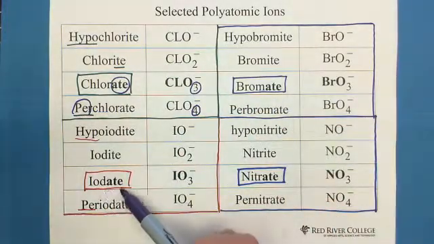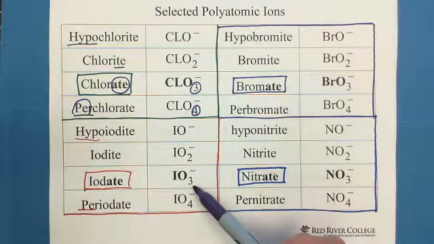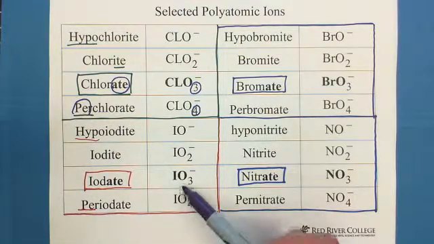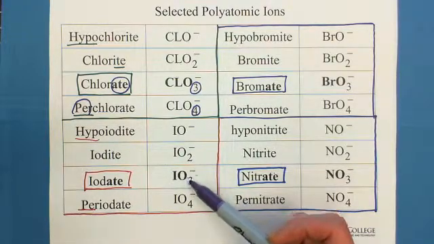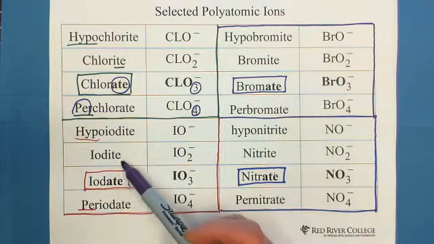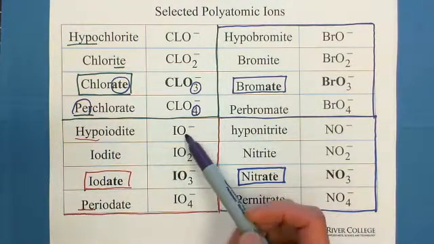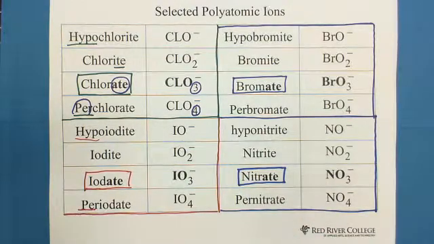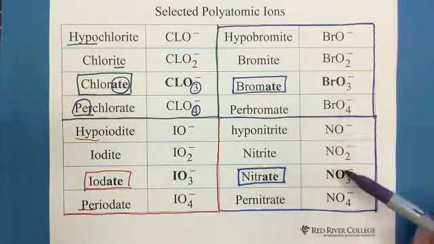This is iodate, IO3. One more oxygen is periodate. One less is iodite. Another one less is hypoiodite. This is similar, right?